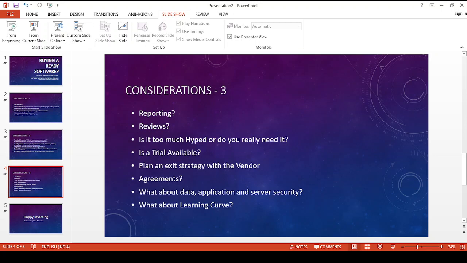What about the data and application and server security? This is one more question where a lot of people decide on the software based on where the data is residing, whether it is local in the country or outside the country, whether the application has a lot of security in place, where the server is located, etc. What about the learning curve? When you implement a software, it is not for yourself but for your team.